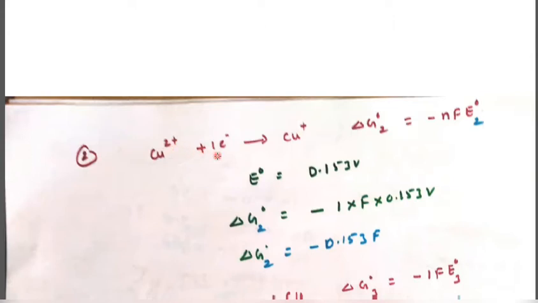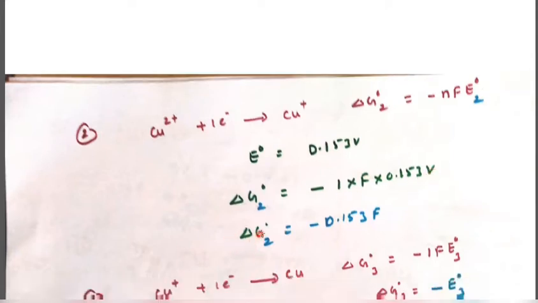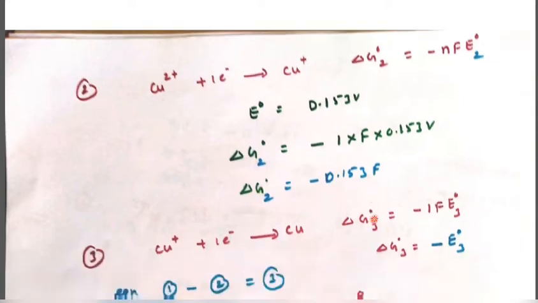It is a gain of electron, so it is a reduction reaction. E2 naught is 0.153, so delta G naught 2 is equal to minus 0.153 F.